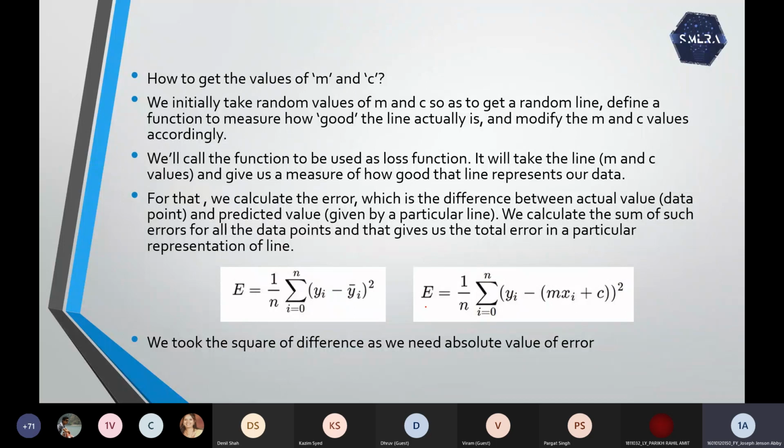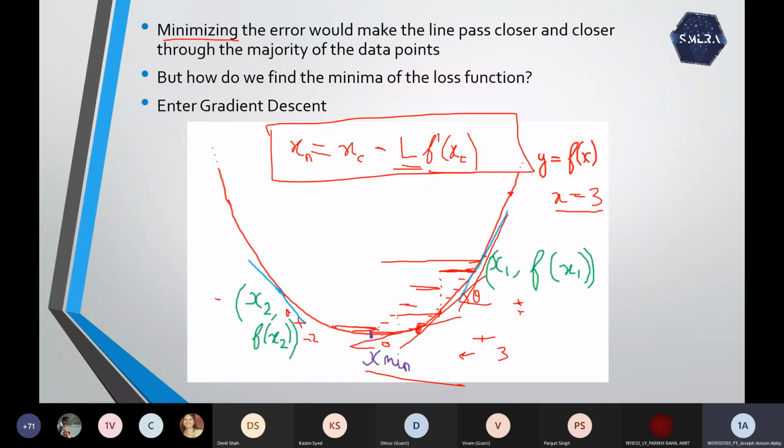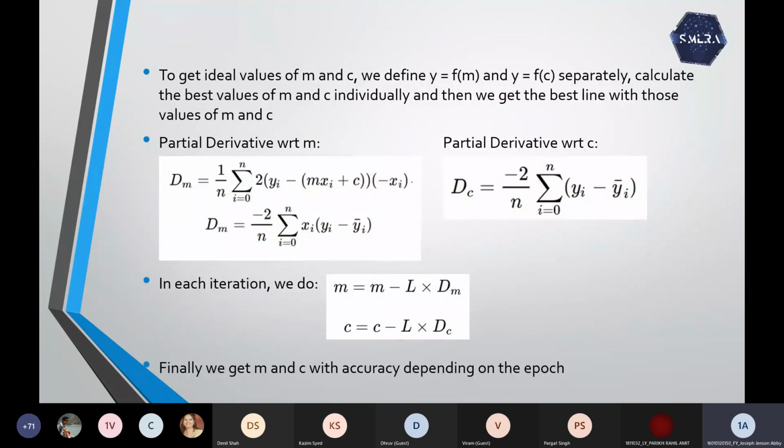And now we need to find the best value for m and c. We need to find the minima of this loss function, and we need to find the value of m and the value of c such that the loss function is the least, correct? So we do it individually. First we find the value of m so that the loss function is least. Then you find the value of c so that the loss function is least. We take the partial derivative with respect to m.